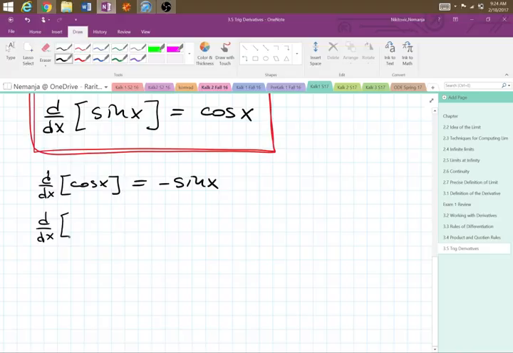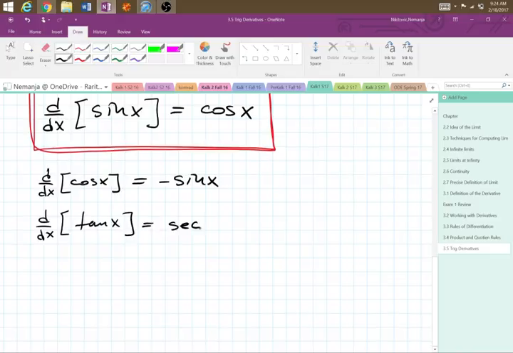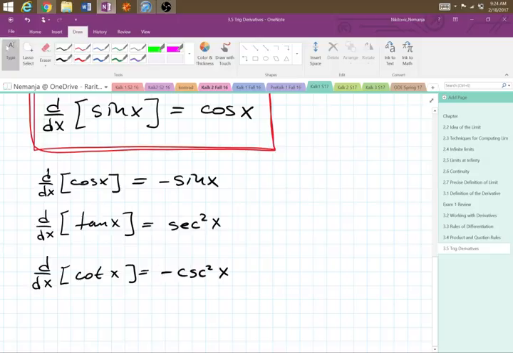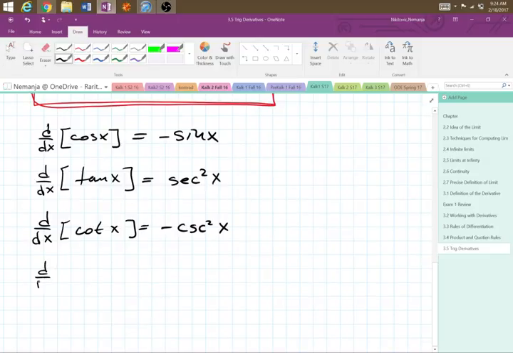Derivative of tangent x is secant squared x. Derivative of cotangent x is negative cosecant squared x. Derivative of secant x is secant x tangent x.